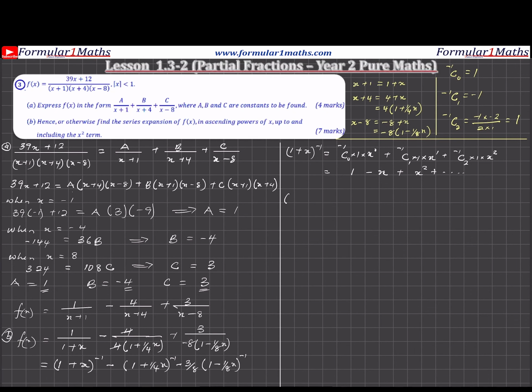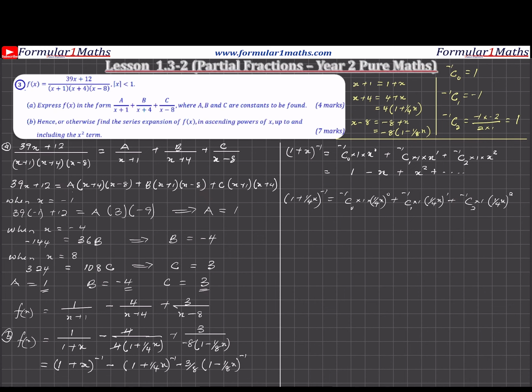The next term, 1 plus 1 over 4x raised to the power minus 1, can be expanded as follows. Minus 1 C0 times 1 times 1 over 4x to the power 0, plus minus 1 C1 times 1 times 1 over 4x to the power 1, plus minus 1 C2 times 1 times 1 over 4x to the power 2.